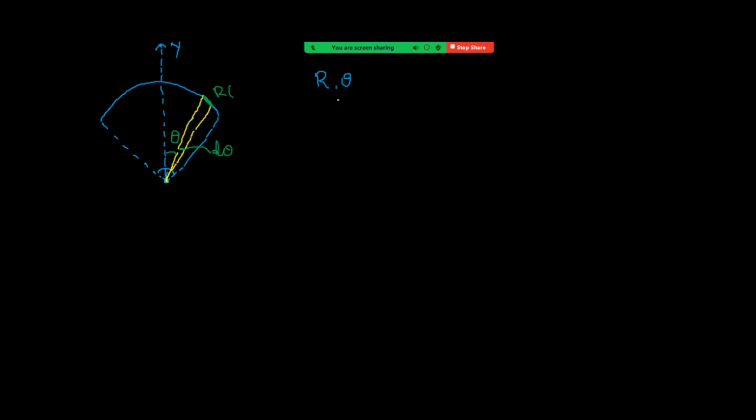To avoid confusion, since we have taken the total angle as theta, let us take this as alpha, then this is d alpha. Then the arc length becomes r d alpha, the length of that small element. Now this is just like a point mass because d alpha is very small.